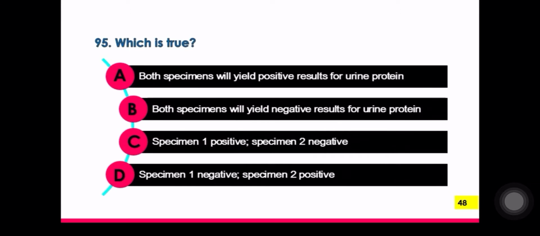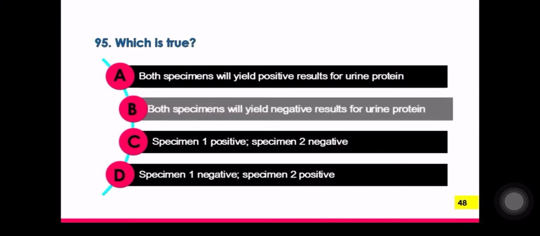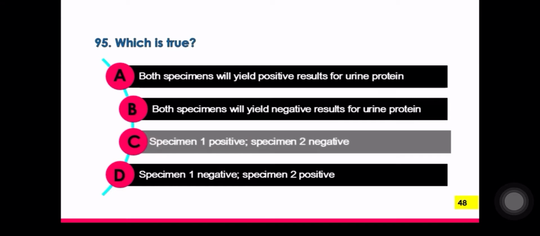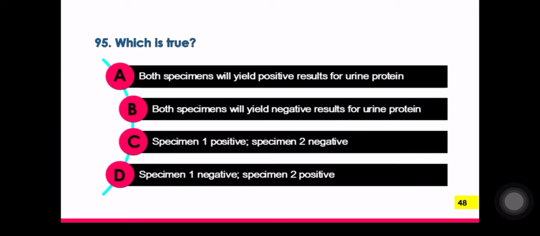Is it letter A? Both specimens will yield positive results for urine protein. Next, both specimens will yield negative results for urine protein. Letter C, specimen 1 is positive, specimen 2 is negative. Letter D naman, specimen 1 is negative and specimen 2 is positive.